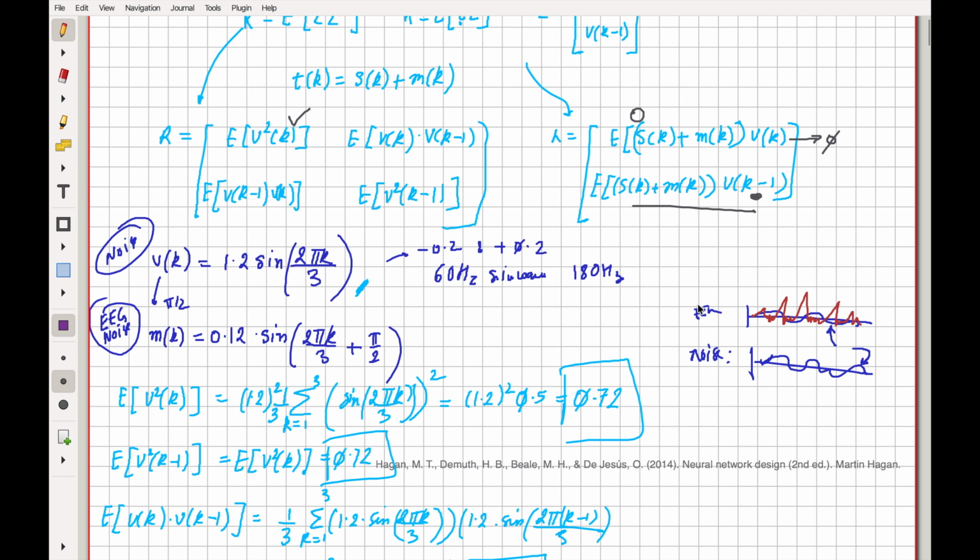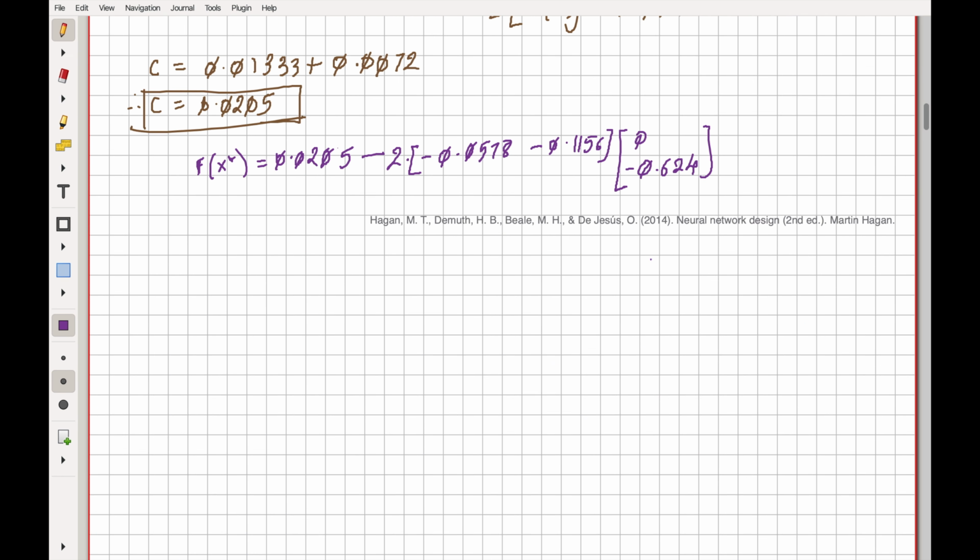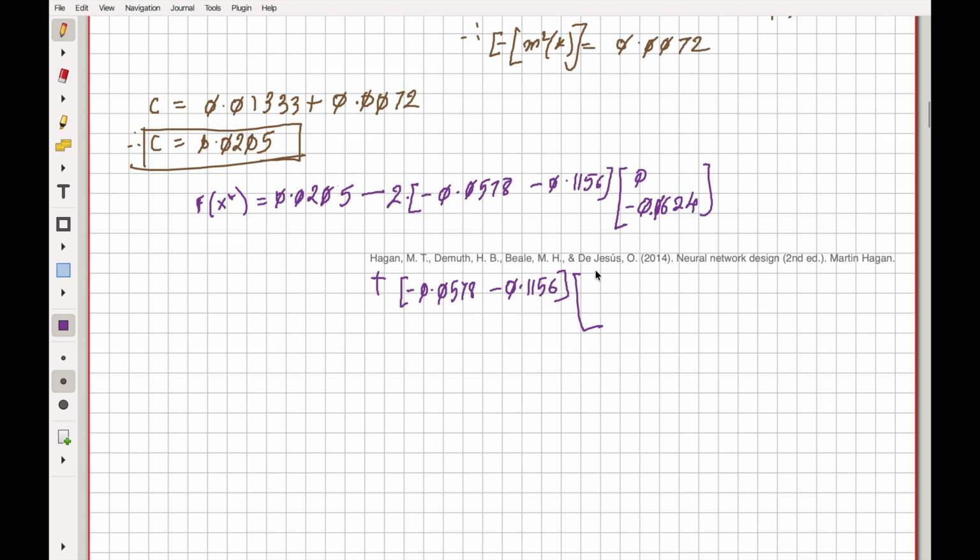Let's see, where is this? 0.0624. That's what I was thinking. This is 0.0624, and plus we need the terms for x transpose Rx. So transpose would be this 0.0578 minus 0.1156. That's the x transpose part.